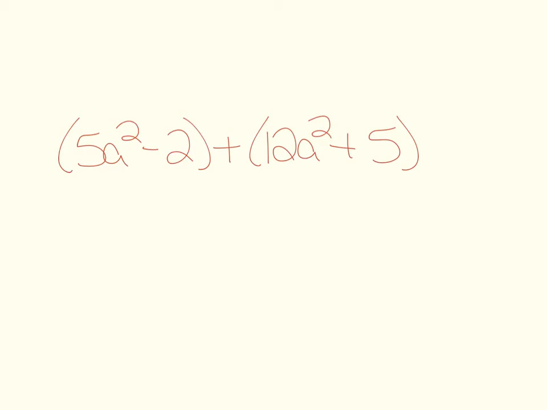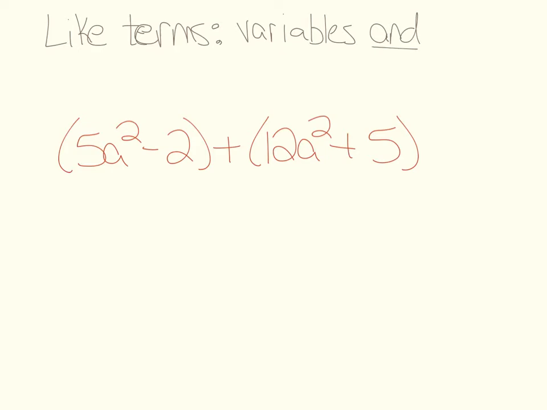So here we have 2 binomials. 5a squared minus 2, 12a squared plus 5, and we have to add them. Basically, you're going to combine like terms. Now, with like terms, now that we're going to have exponents involved, to be like terms, the variables and the exponents have to match.